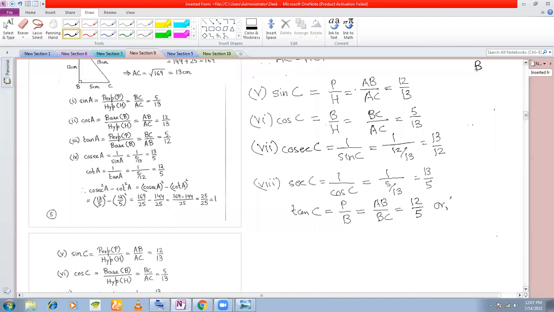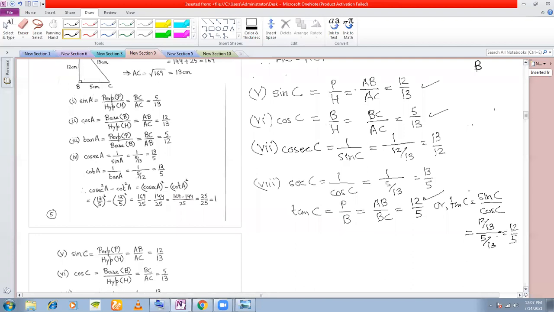Or what you can do is write tan C is equal to sin C by cos C also, using the quotient relations. Sin C you have calculated above, 12 by 13, and cos C you have calculated above also, 5 by 13. So you can get it as 12 by 5.